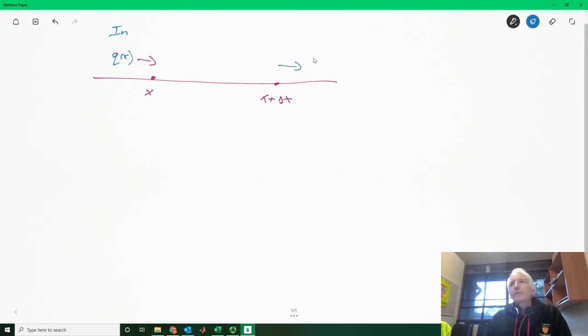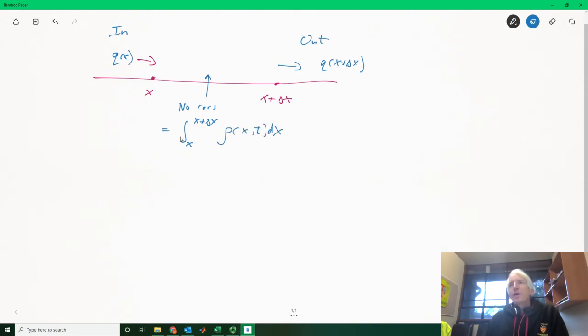Going out is Q of x plus delta x. You might think flow in equals flow out, but actually cars can accumulate in here. That's the whole point. The number of cars in here is equal to the integral from x to x plus delta x of the density of cars.